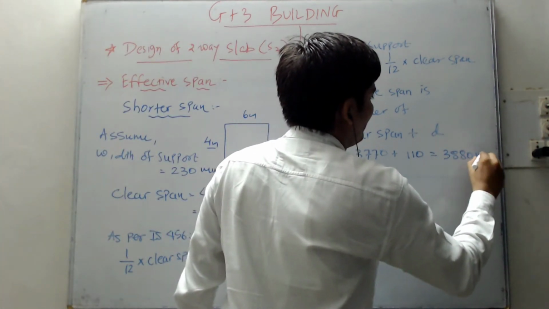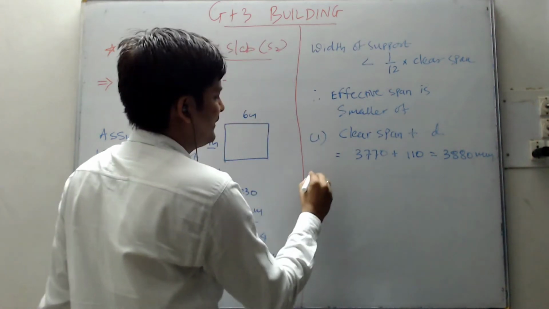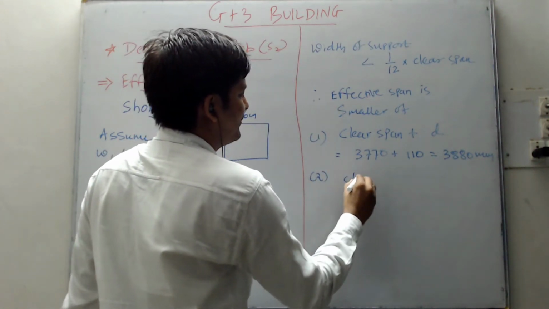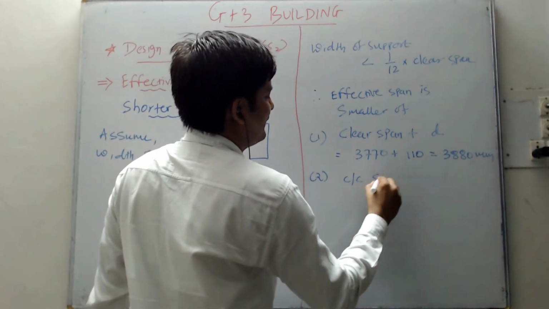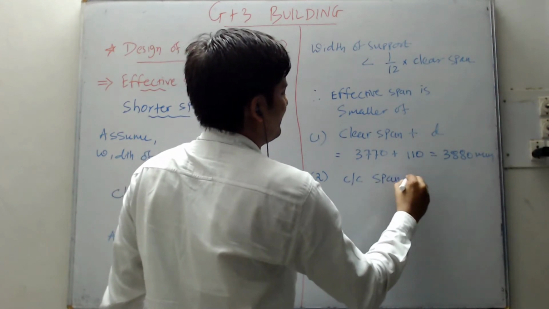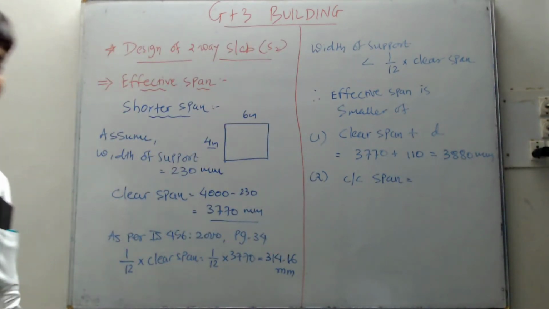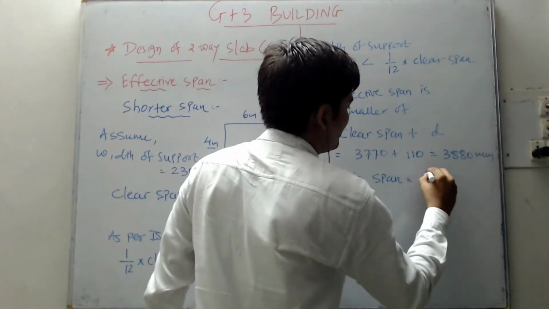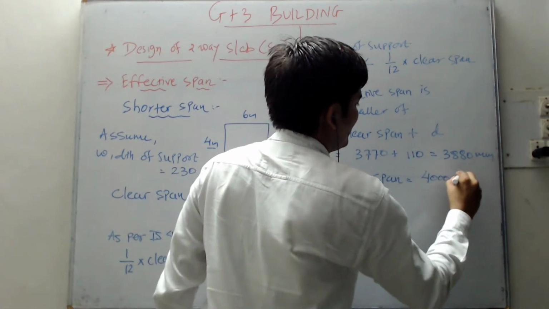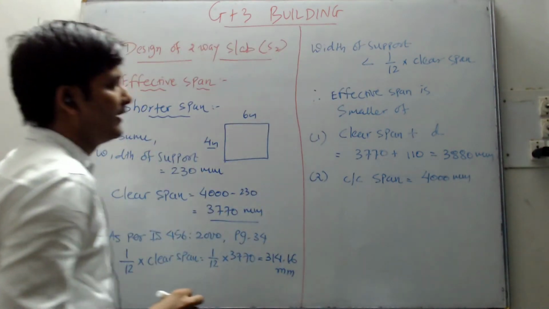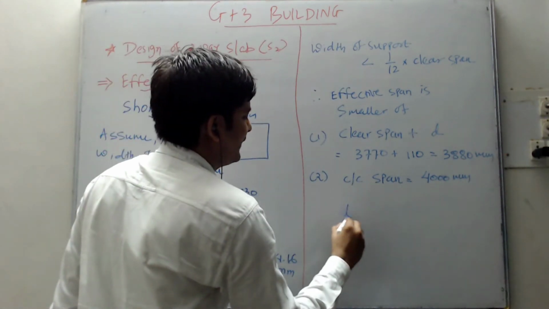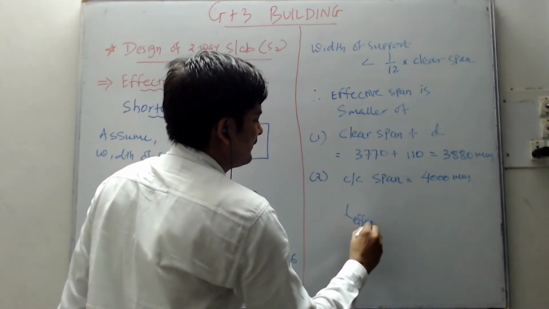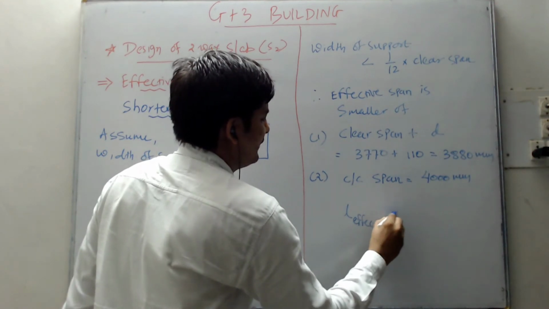This is one value, and the second value is center to center span between supports, which we already know is 4000 mm, right? So my effective span L effective will be the smaller of these two values.